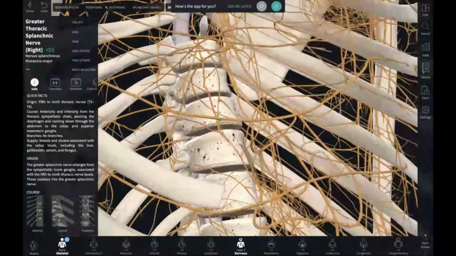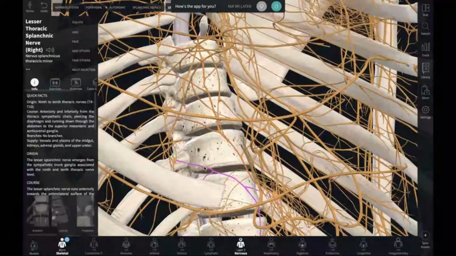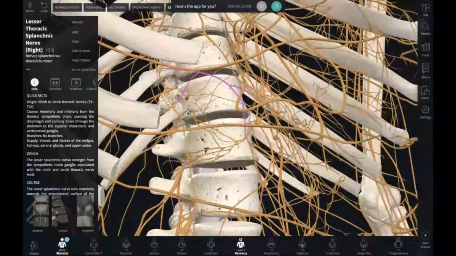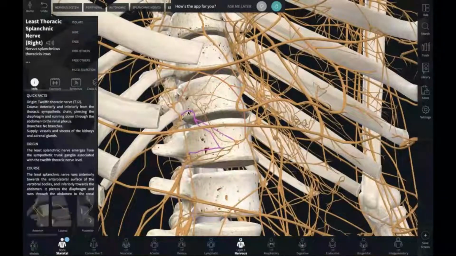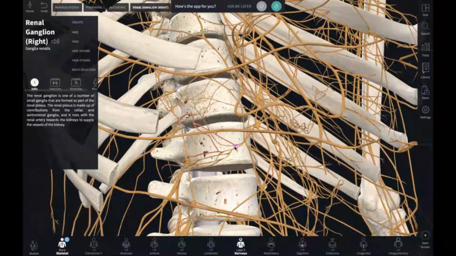Okay, so this is called a splanchnic plexus, and this plexus is called the lesser thoracic splanchnic plexus. So all these plexus are innervating the visceral organs, in liver and all.